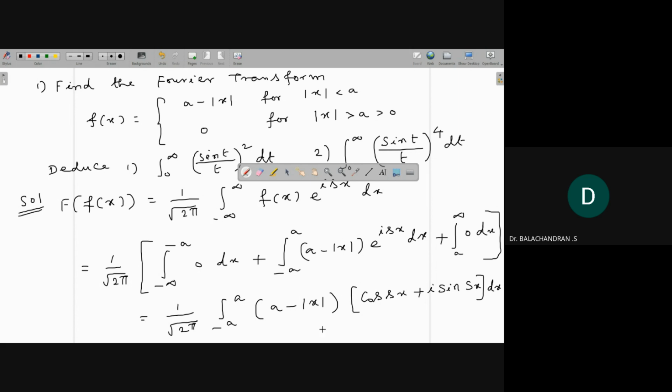Okay. So we know that mod x is an even function. So totally a minus mod x is even. This is even, and this is odd.